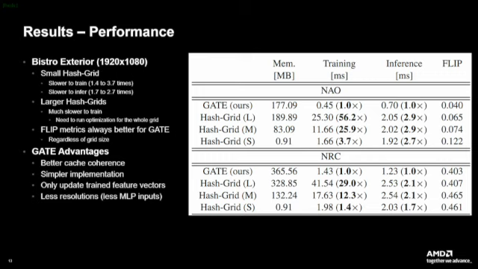But the bottom line is that we still get about 1.7 to 2.7 faster inference with our solution. It's because we have coherent memory accesses, simpler code, and we have simpler network with possibly less inputs. Like I said, flip metrics is always better for gate, except for that one example, even regardless of the hash grid size.